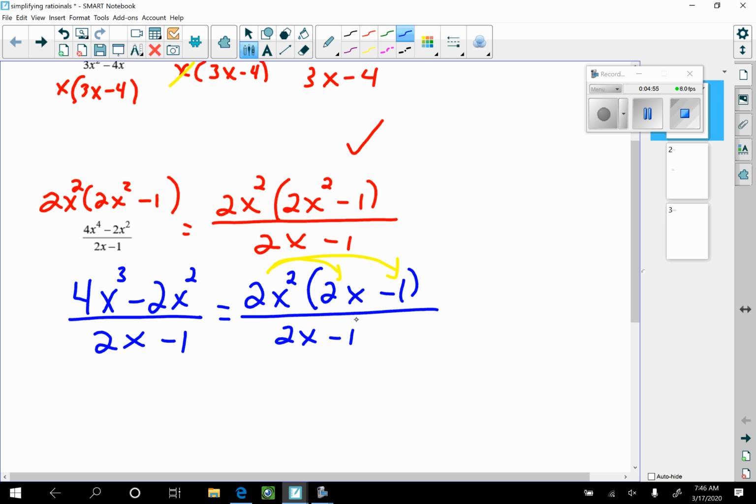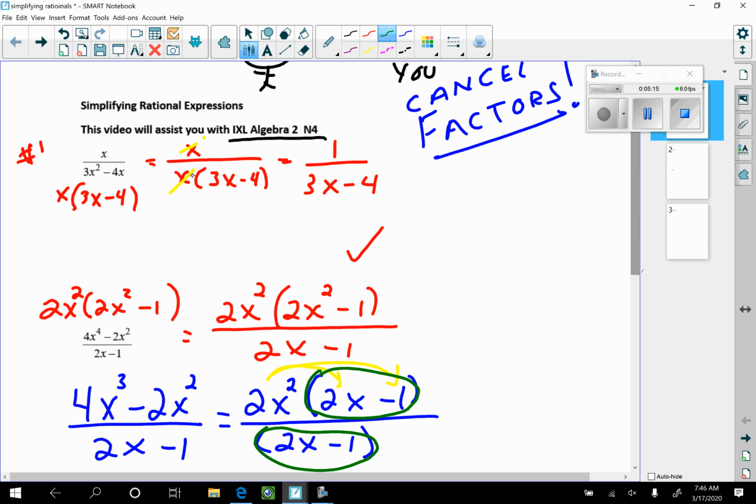And this is hard for elementary algebra students to realize: this whole great big thing here and this whole great big thing here, these are factors. They're exactly the same. That's a factor. That's like factoring up above, where we canceled the x over x.